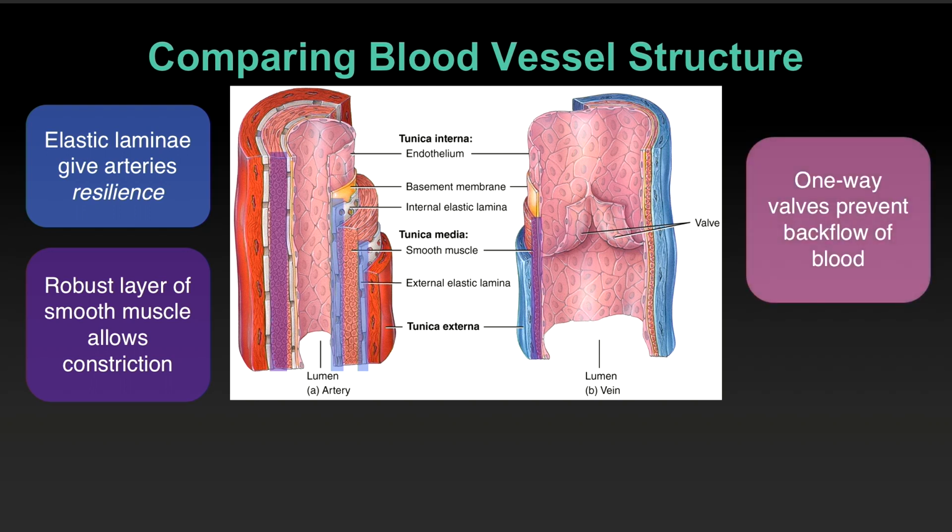They do have something unique that arteries don't, and that's obvious looking in the middle of the vein here, these one-way valves, a lot like semilunar valves, if you think about it, that prevent the backflow of blood.